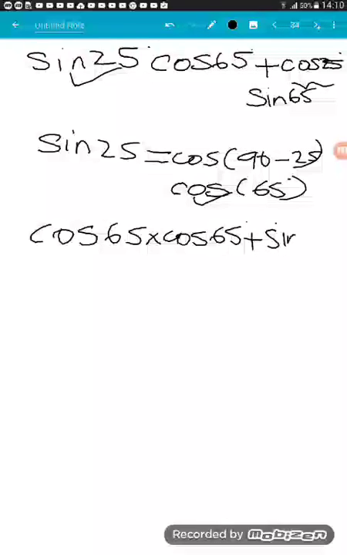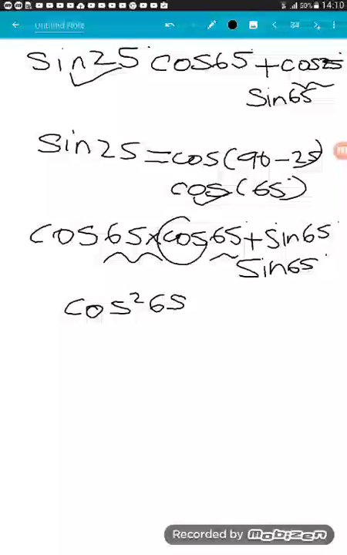So it will become sin 65 degree into sin 65 degree. So cos into cos is nothing but cos square 65 degree, and we can't square the degree, because it is not a rule; only cos and cos we can square.